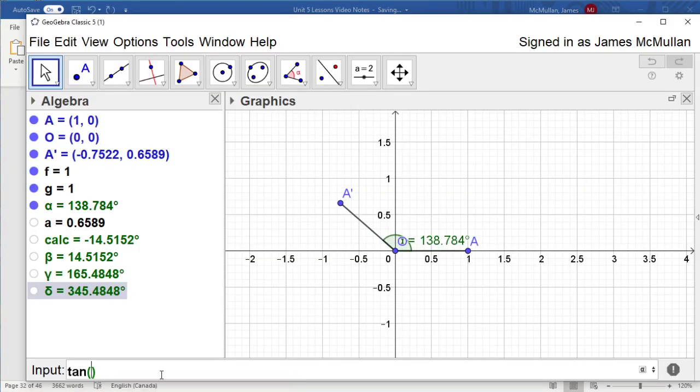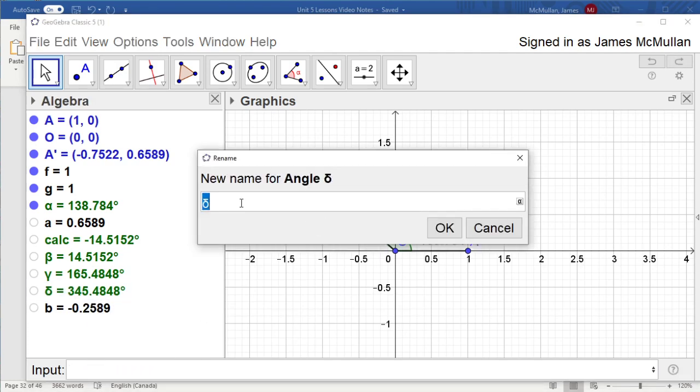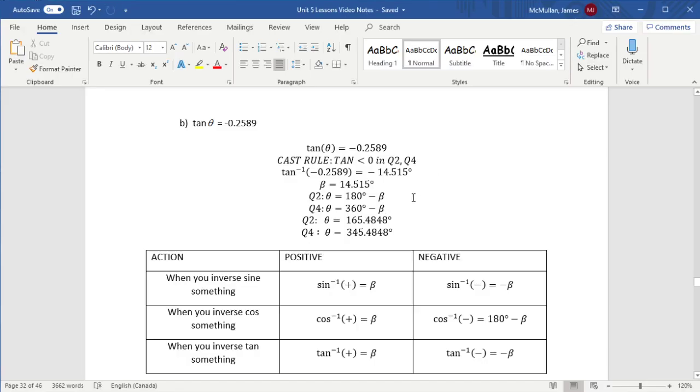So watch, I go tan of gamma is negative 0.2589, and then I do tan of, I think that's sigma? No. Which one is that? I don't know. Let's just rename it to P, whatever. If I do the tan of P, it also gives me negative 0.2589, exactly what my question asked for.